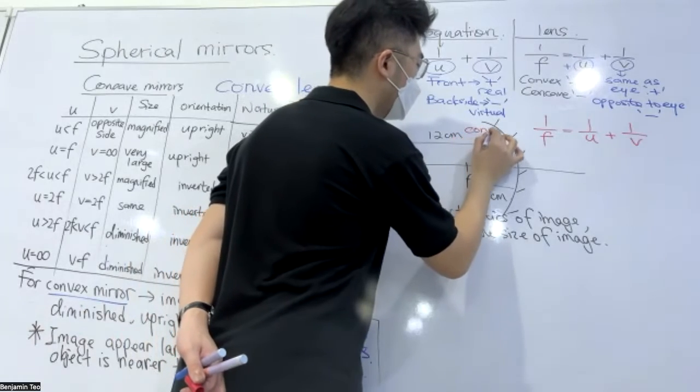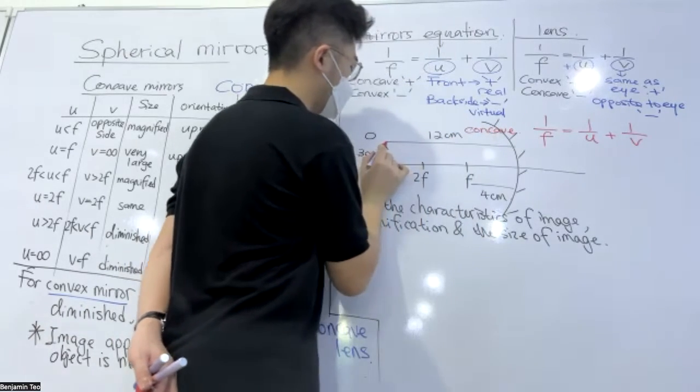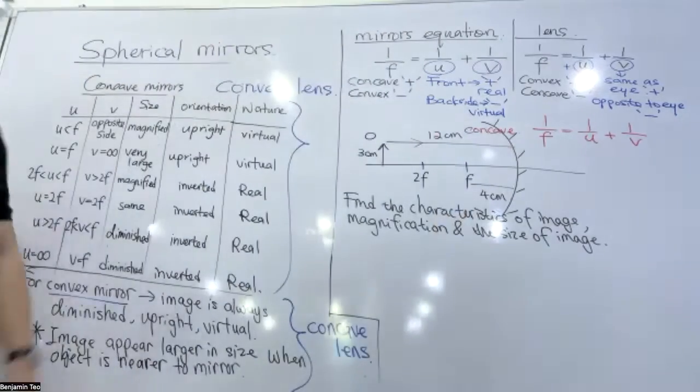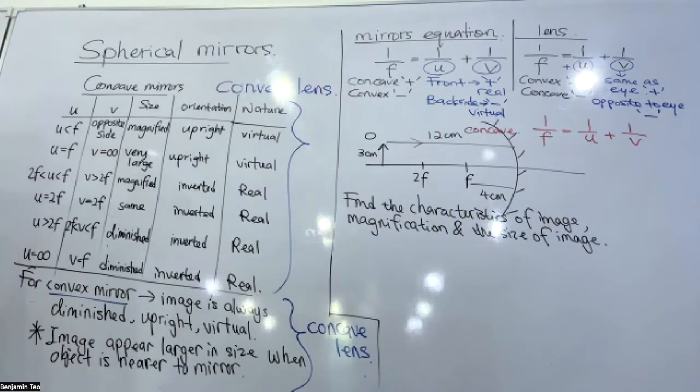So concave mirror, because object light is striking the inward one. You get a concave.